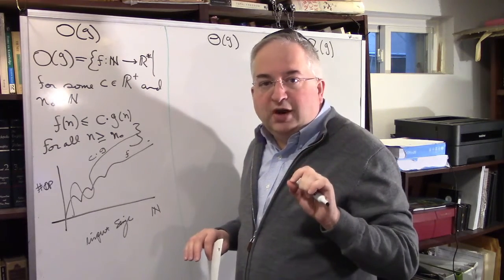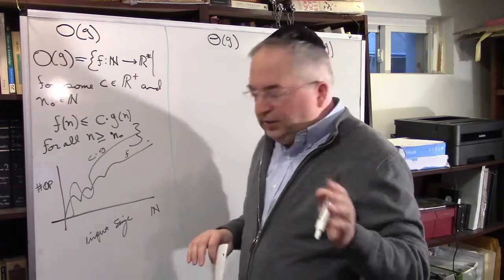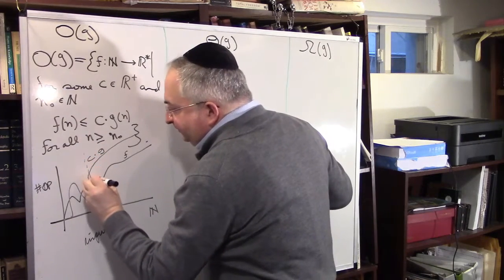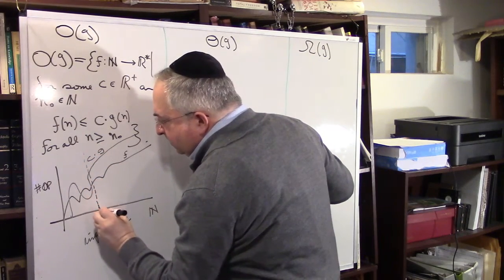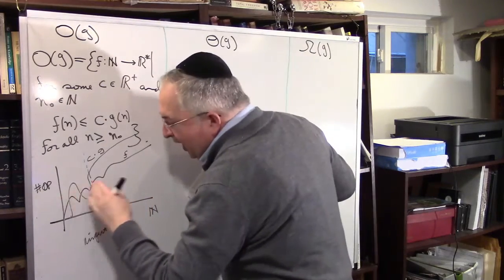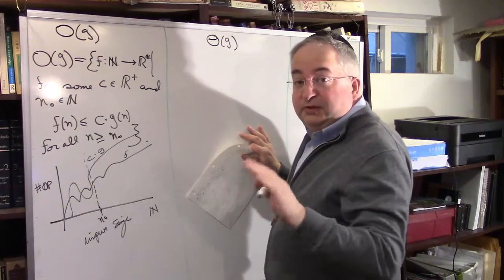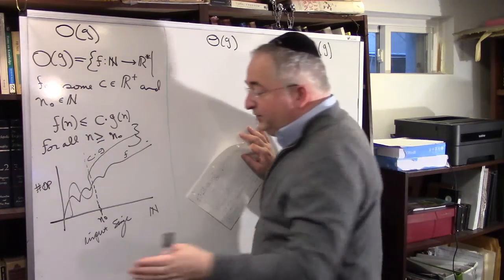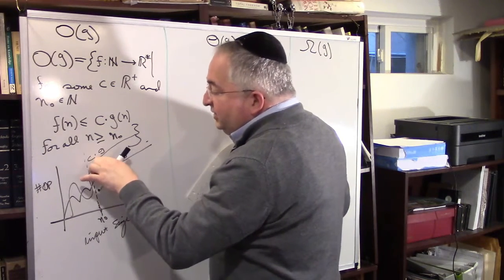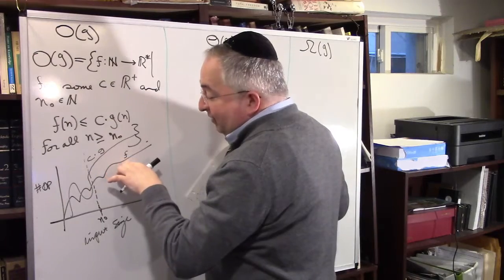when I said we don't care about small numbers. What does it mean we don't care about small numbers? When is a number small? When is a number big? So we put it in. We say, look, this is N0. I don't care what happens before N0, and we saw in examples, with small numbers, strange things happen, but after N0, always C times g grows faster than f.